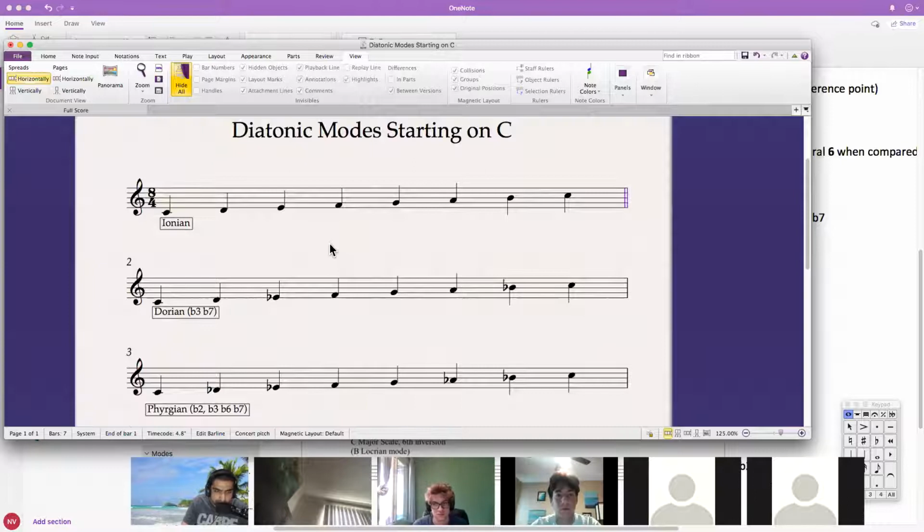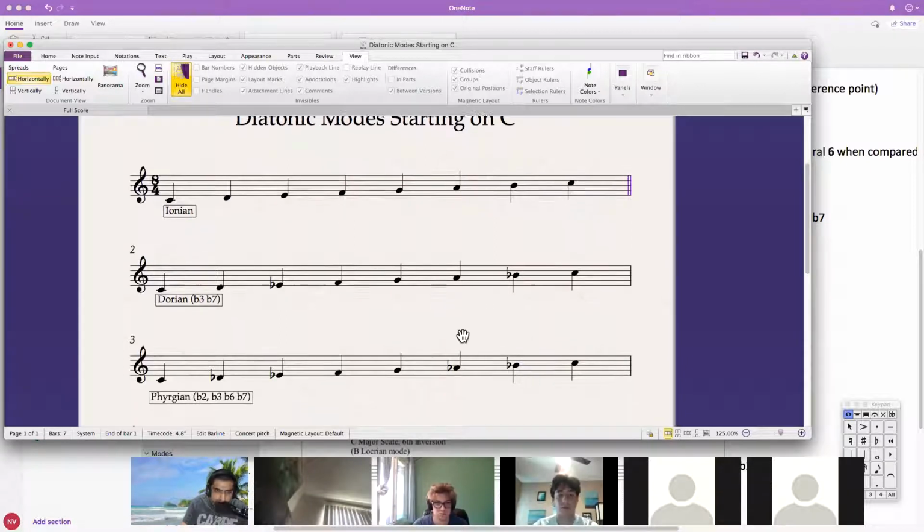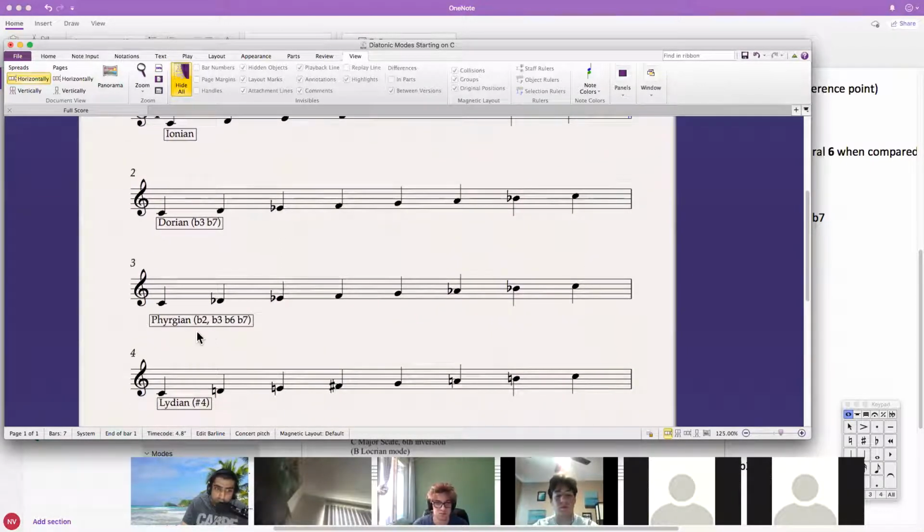Because you can easily see the flats. So this is Ionian. This is Dorian starting on C, and you can see that as a flat 3 and a flat 7. This is Phrygian, and you can see that has a flat 2, a flat 3, a flat 6, and a flat 7.